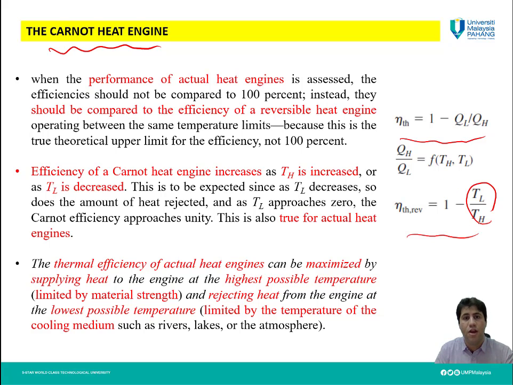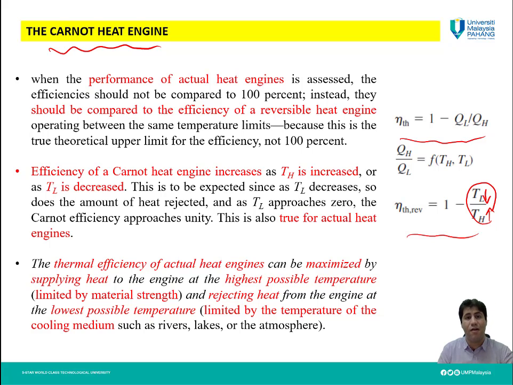To reduce this, we need to increase the temperature of the heat source or the reservoir with higher temperature, or reduce TL, or increase TH. Reduce the temperature of the heat sink. And this is the method which is usually used to increase the efficiency of the different types of heat engine.